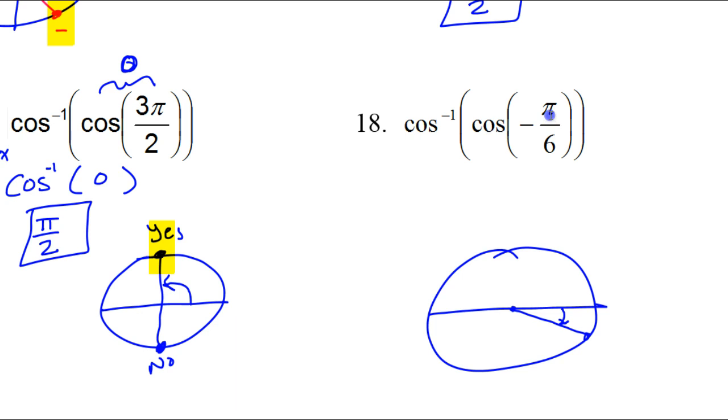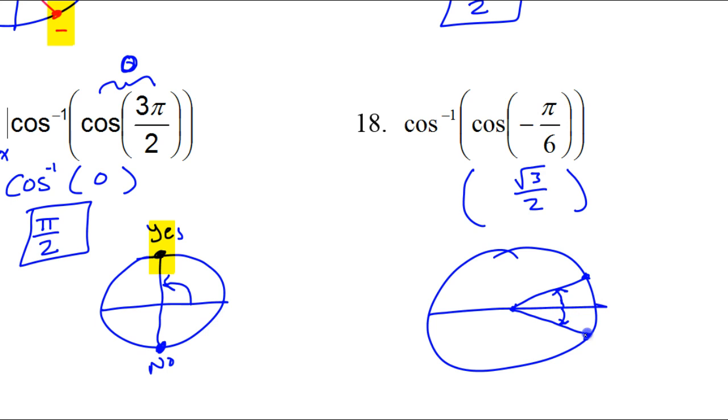What is the cosine of negative pi over 6, first of all? Well, we have memorized that the cosine of pi over 6 is radical 3 over 2. What about the cosine of negative pi over 6 down here? Well, cosine is an x value, so both of these angles have a reference angle of pi over 6.